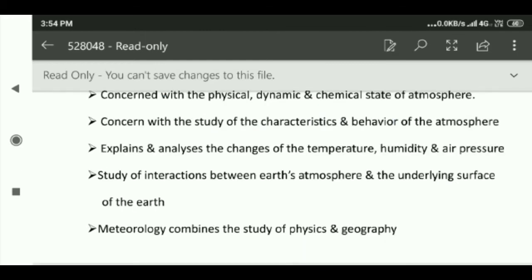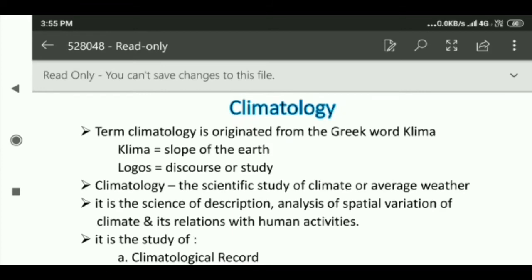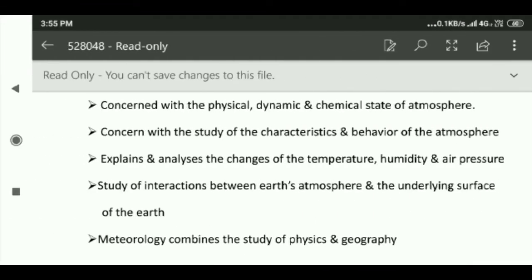Meteorology is the study of interactions between Earth's atmosphere and the underlying surface of the Earth. Meteorology combines physics and geography. It draws its fundamental principles from physics and applies them to the behavior of the atmosphere, which is a mixture of various kinds of gases.